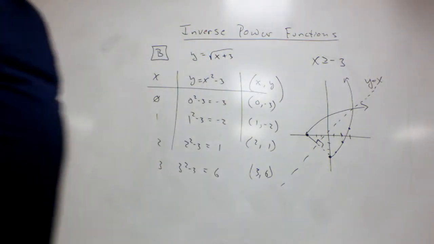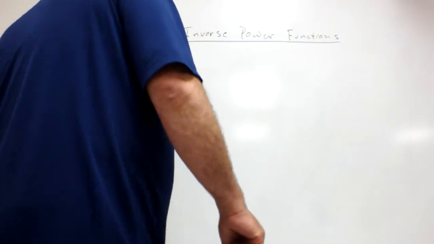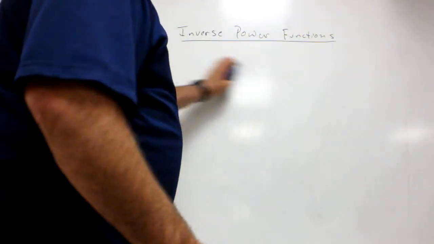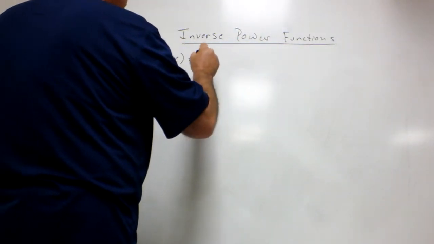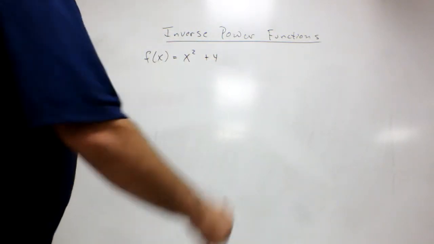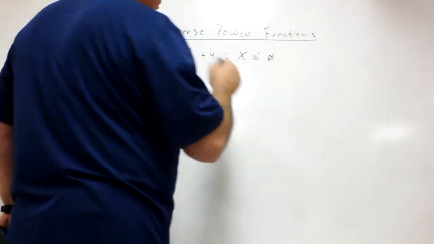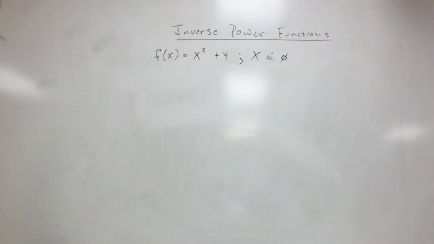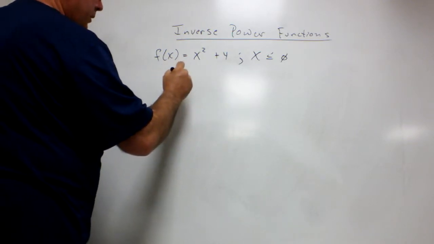All right, so let's try the last one. Board's looking pretty dirty. But we get f of x is equal to x squared plus 4, and we want only the values of x that are less than or equal to 0. So what we do is first solve for our inverse.